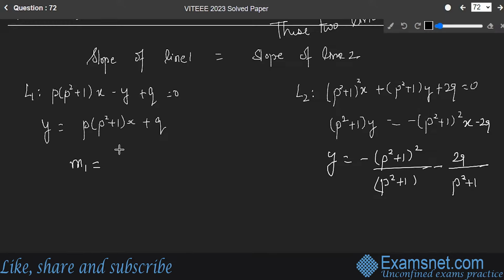Here the slope is given by the coefficient of x, that is p(p² + 1). For the other line the slope is given by minus, see, this will cancel, this will cancel 1, so −(p² + 1).